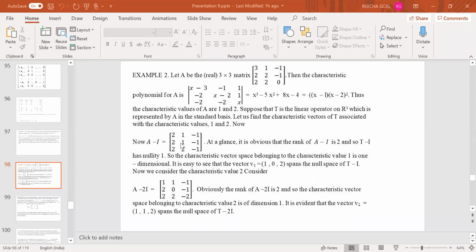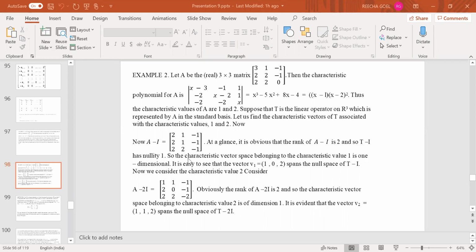So obviously its rank is 2, and hence it has only one independent vector. Therefore, T minus I has nullity 1. So the characteristic vector space belonging to the characteristic value 1 is only one dimensional, because there is only one independent characteristic vector.